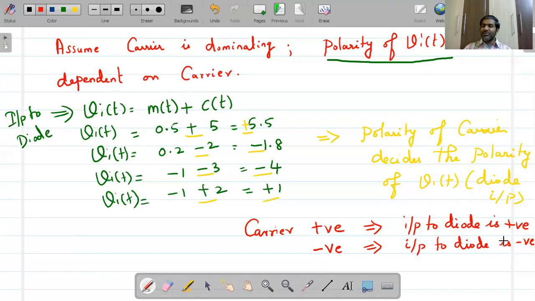You know that the carrier is a sinusoidal signal, Ac cos omega c t, so it will have a positive half and a negative half. During the positive half of your carrier, your diode input will be positive and it will be forward biased. During the negative half of your carrier, the diode input will be negative and it will be reverse biased. That is the main important condition you should know.